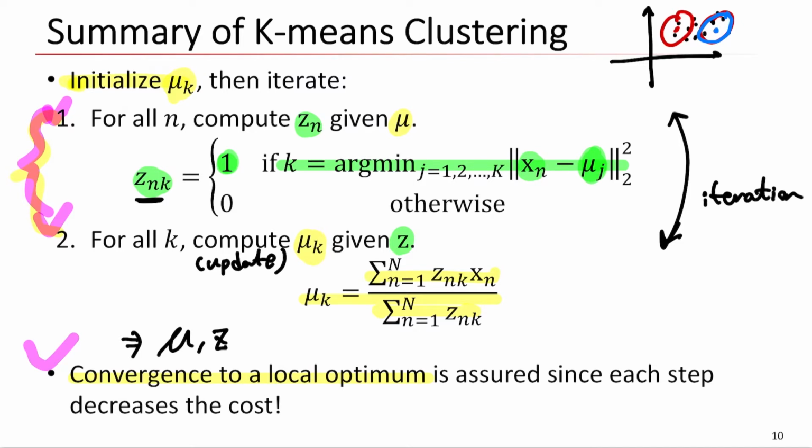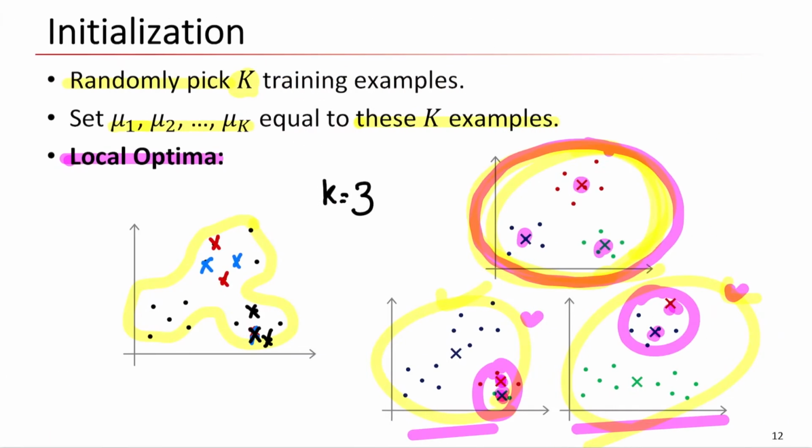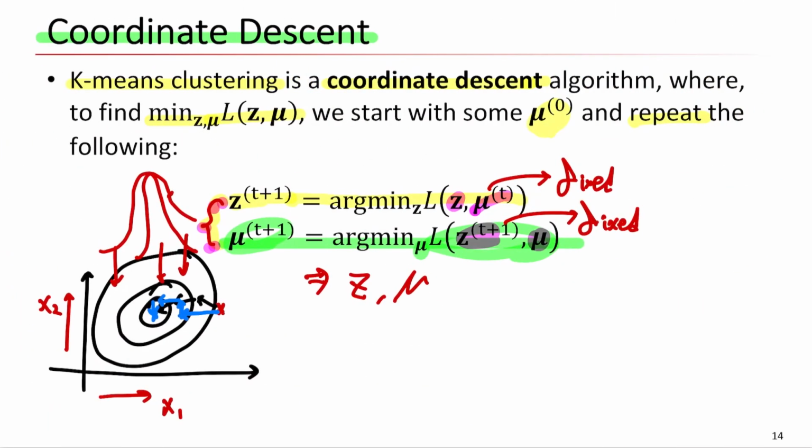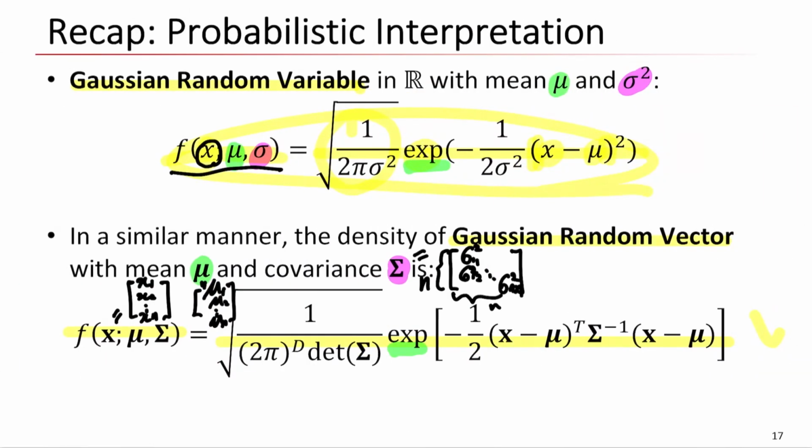This simple algorithm is related to the expectation and maximization algorithm that we will see today, so we will see the difference between k-means clustering and the EM algorithm. Okay, so this is the overall procedure of k-means clustering, and these are the examples.